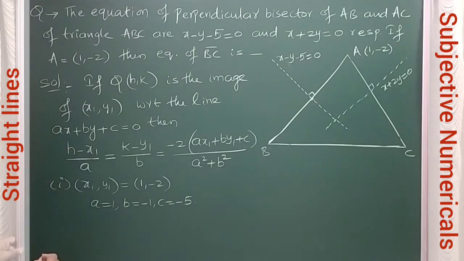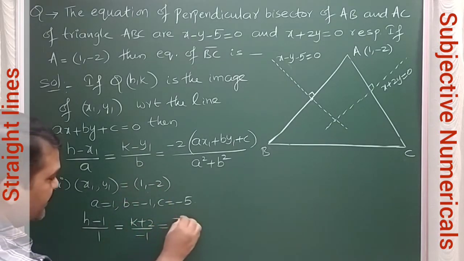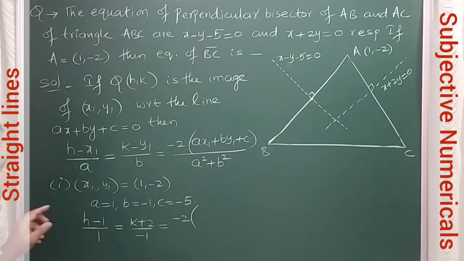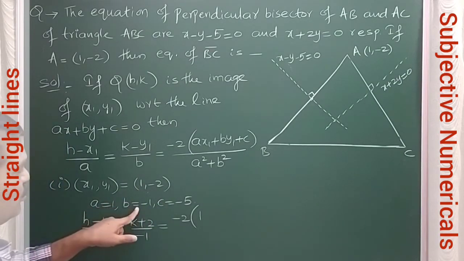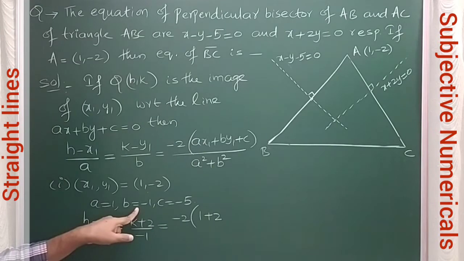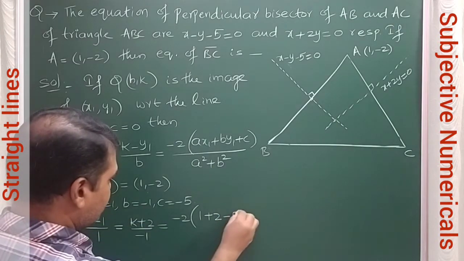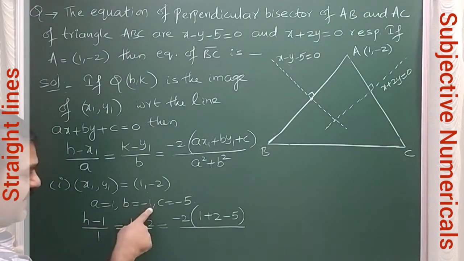So apply the formula now. We will get (h minus x1) by a is equal to (k minus y1, that means k plus 2) by b, which is equal to minus 2 times a into x1, that means 1 into 1, plus b into y1, so minus 1 into minus 2, so plus 2, next plus c, that means minus 5, by a square plus b square, meaning 1 square plus minus 1 square.